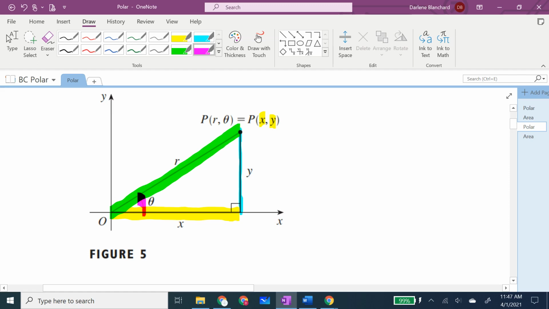How many formulas can you create out of that triangle? You can create a lot of formulas. So I want you to think about a formula that you can create out of that triangle. Just a formula. We're not solving for anything in particular, just what formulas can be created off of that triangle.